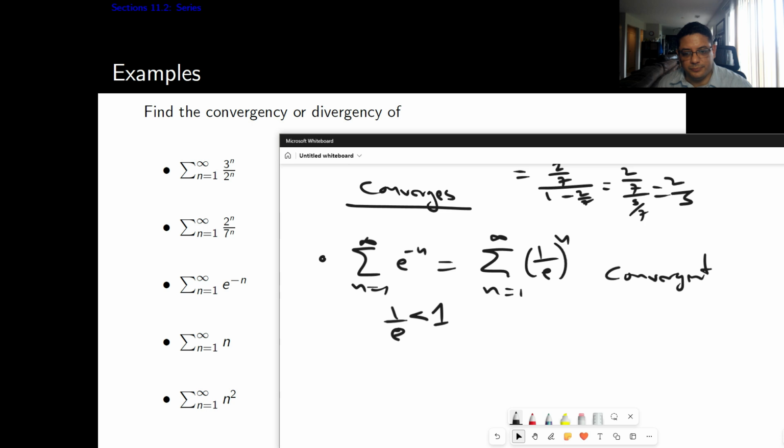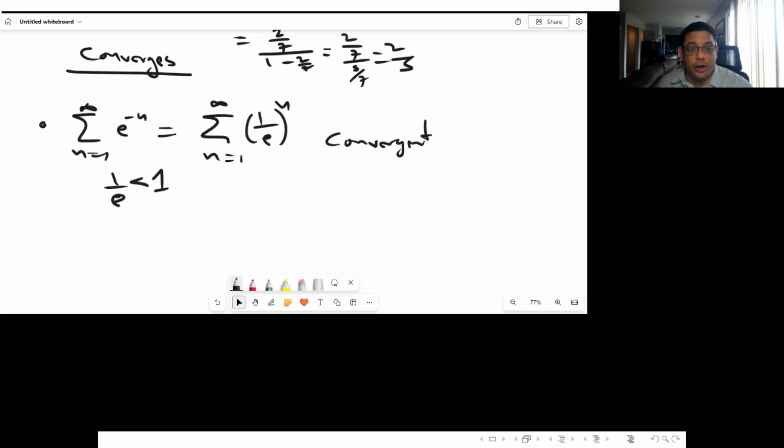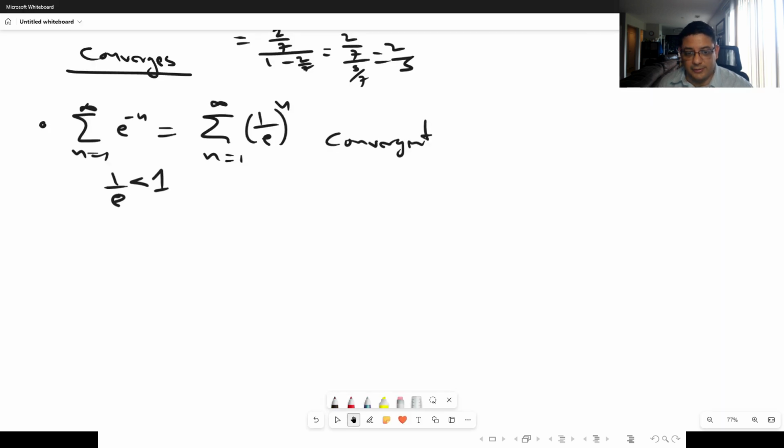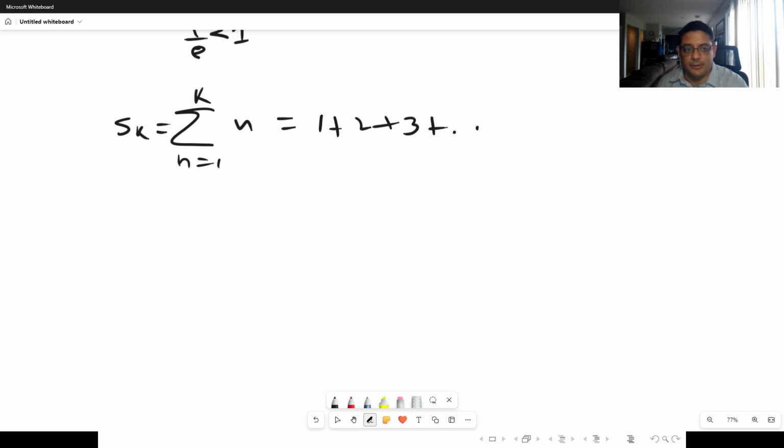Now, the last two examples are the series from n equals 1 to infinity of n, and of n squared. Those are not geometric series. Since they're not geometric series, I'm going to try something different for those. I'm going to define the partial sum. Notice that S_k is the sum from n equals 1 to k of n, which is just the sum of the first k numbers.